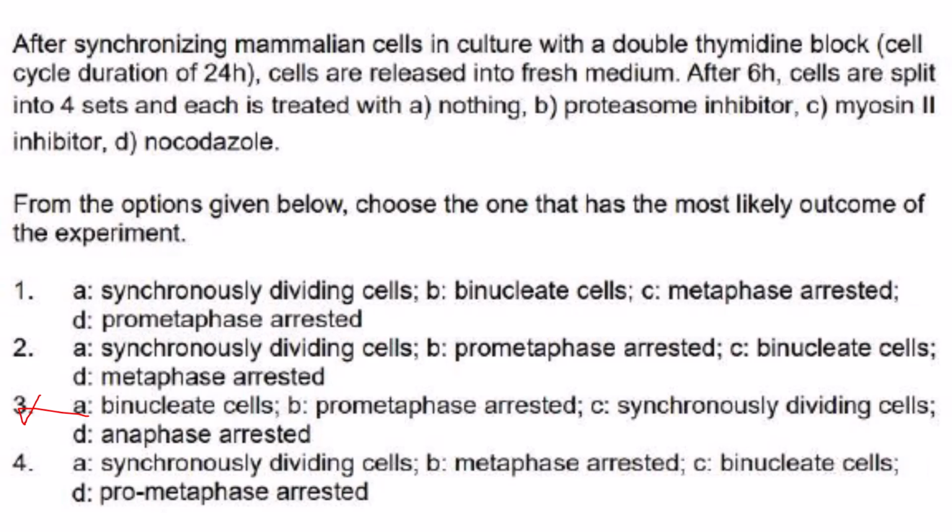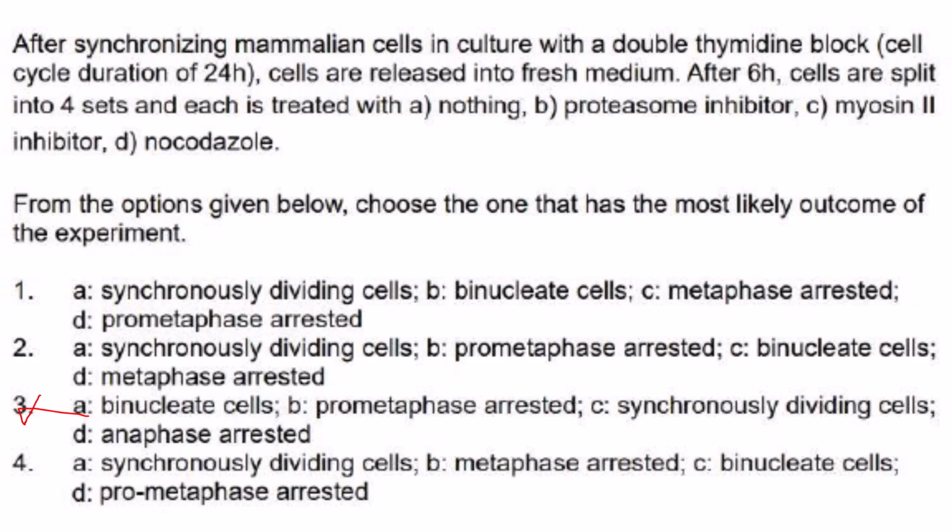So cyclin B has to be degraded for the cell to exit mitosis, as well as for the cell to enter from the metaphase to the anaphase.